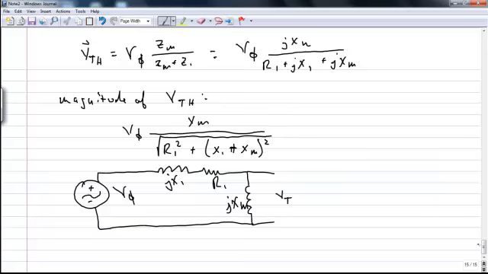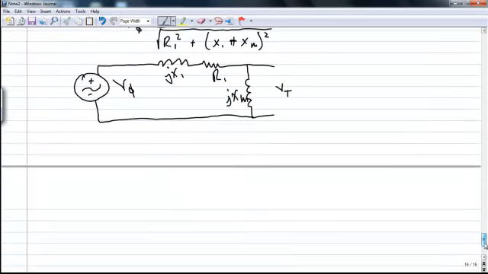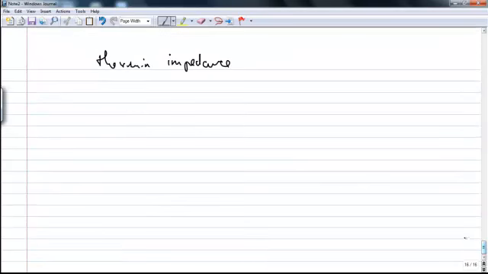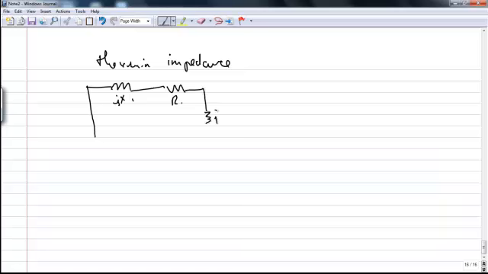In order to find our Thevenin impedance, we're going to short out V phi, so let's just redraw the circuit. Here we're finding the Thevenin impedance, and the circuit that we're concerned with, of course we short out V phi, so we have JX1 and R1, JXM, and here are the terminals.